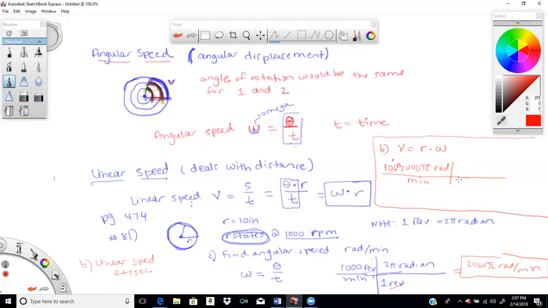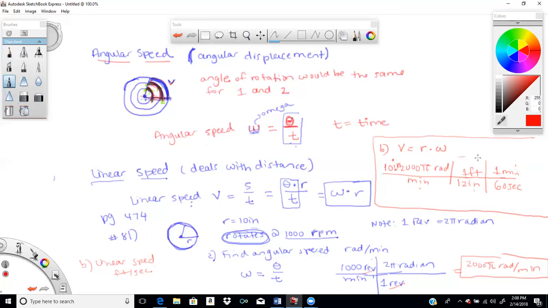We know that 12 inches is equal to 1 foot. And we know that 1 minute is equal to 60 seconds. Notice how I put the minutes on top because this was at the bottom, and I put the inches at the bottom because this was at the top. I need them to cancel out.